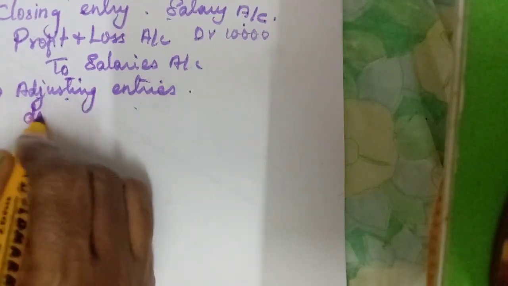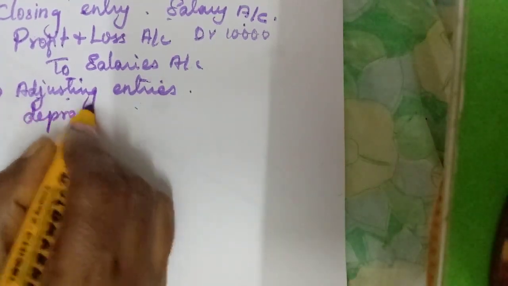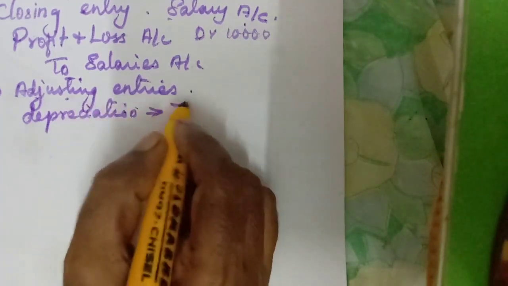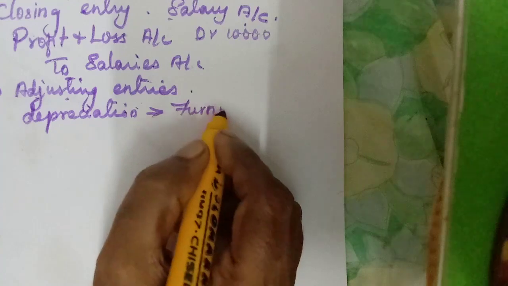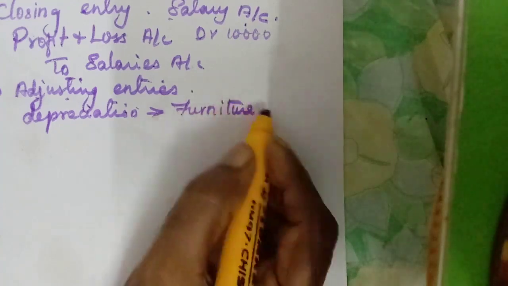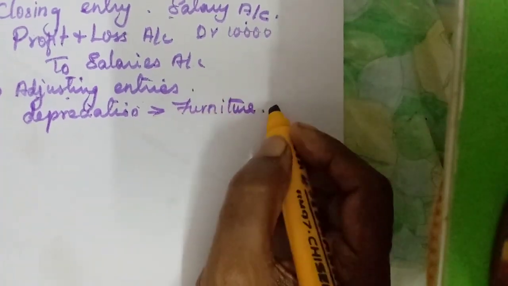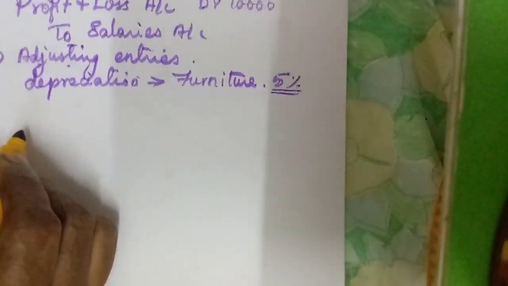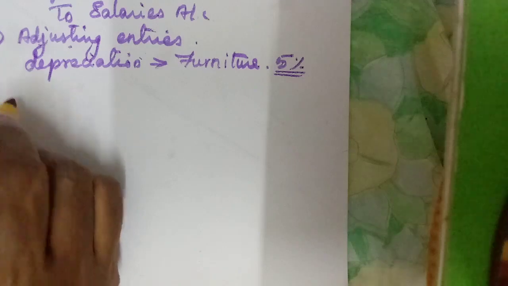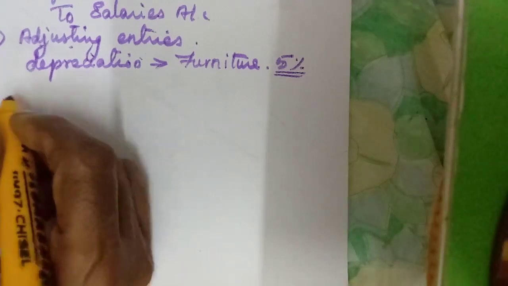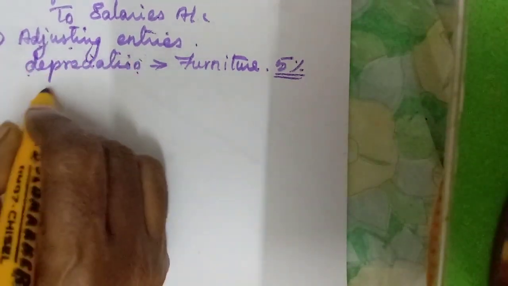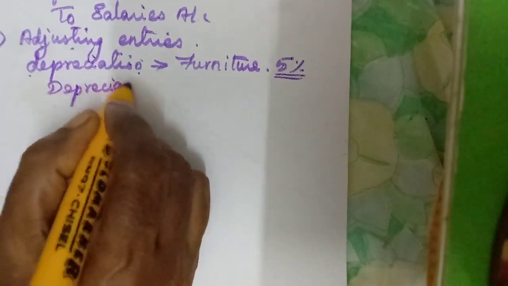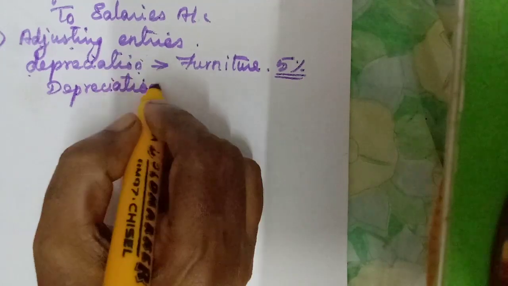For example, we can say depreciation. Depreciation is provided on an asset, for example, furniture. In furniture, we need to provide at least 5 or 2 or 3%, whatever the percentage, as depreciation. So, what is the adjusting entry? This depreciation is a loss, so it will be debited.